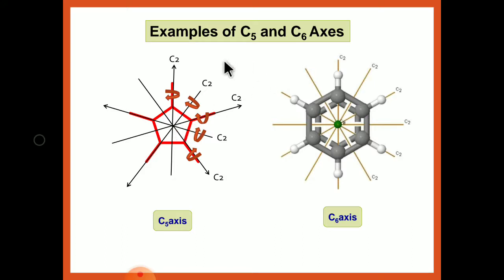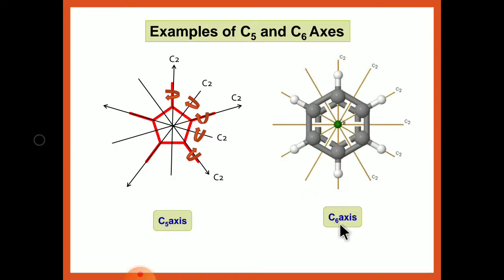Also for C5, the example is cyclopentane. In cyclopentane, there are 1, 2, 3, 4, 5 C2 axes, and at the center there is the C5 axis, which is passing through the central point of this cyclopentane.